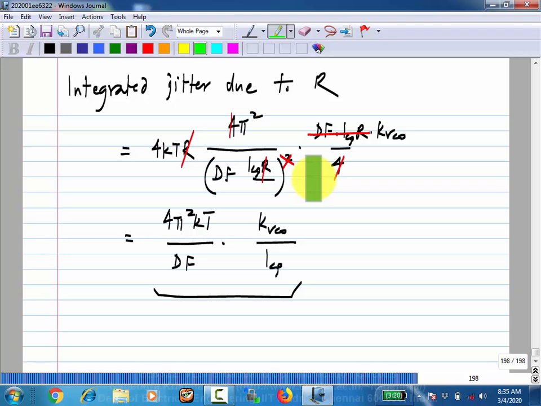Similarly, you can evaluate it from the charge pump current, then also you will get it to be inversely proportional to ICP. And of course, it's inversely proportional to transition density, because if you have too few transitions, you don't have as much correction, and then you have a lot more jitter. So you can evaluate this integral from this.